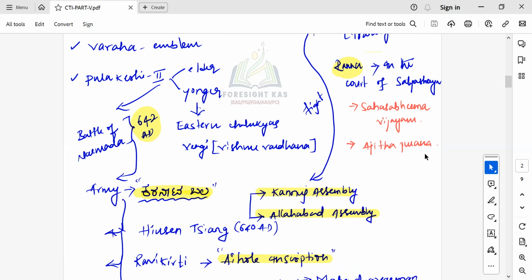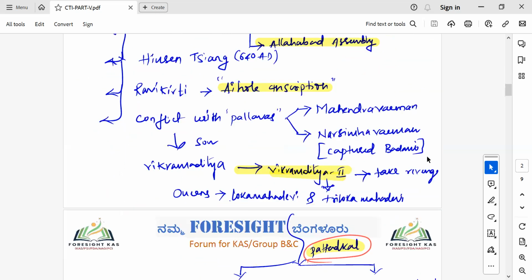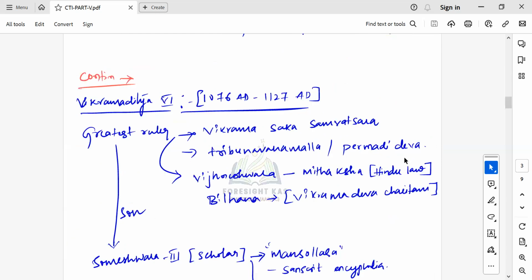These two books are very important. Remember, among the Chalukyas of Badami and Chalukyas of Kalyan, Vikramaditya is very important.